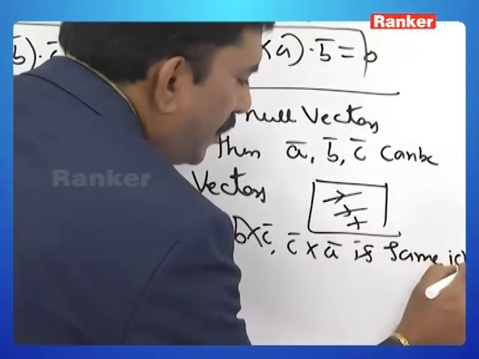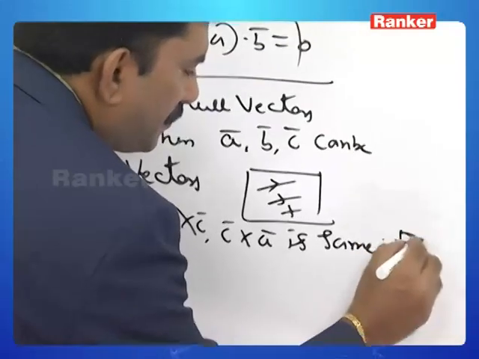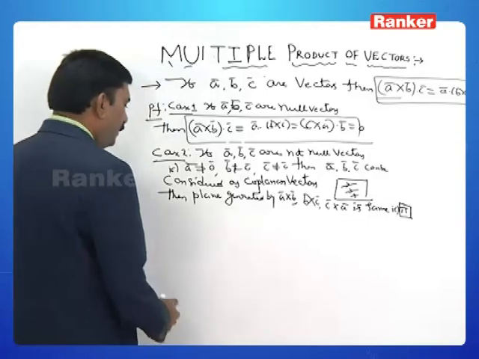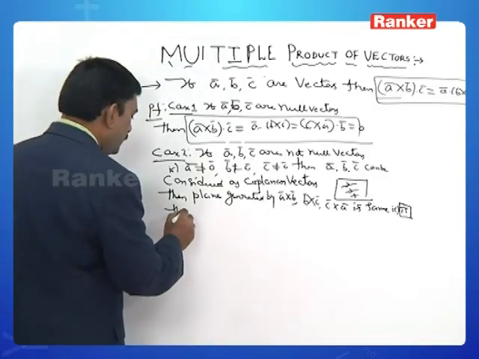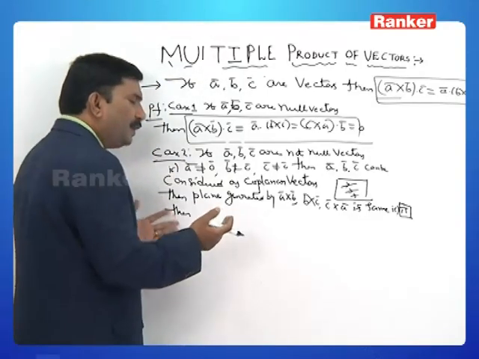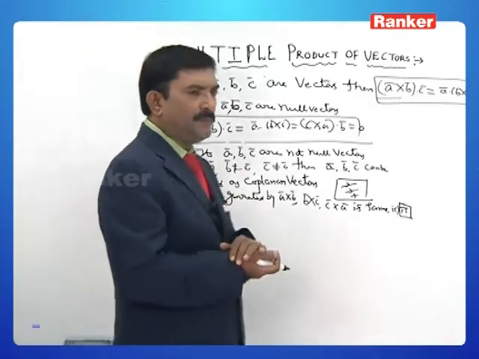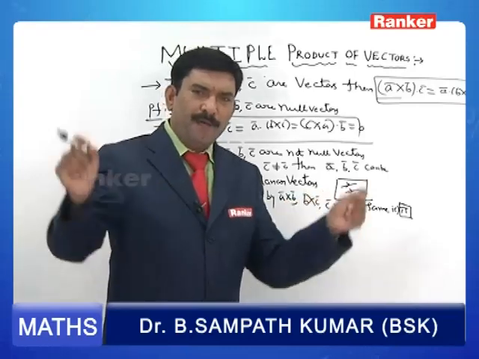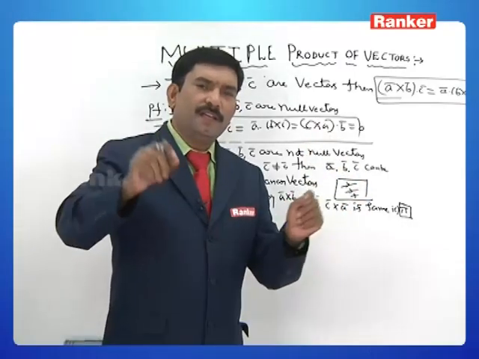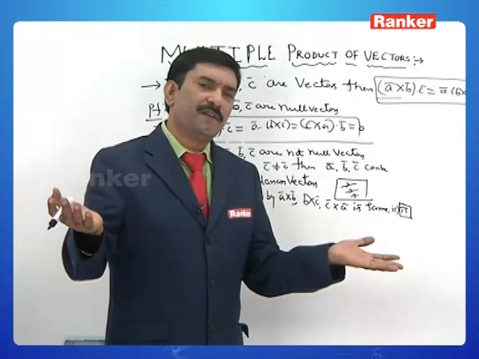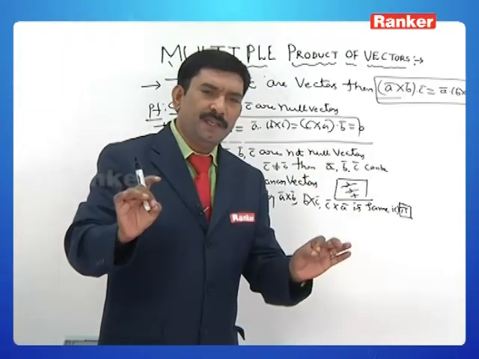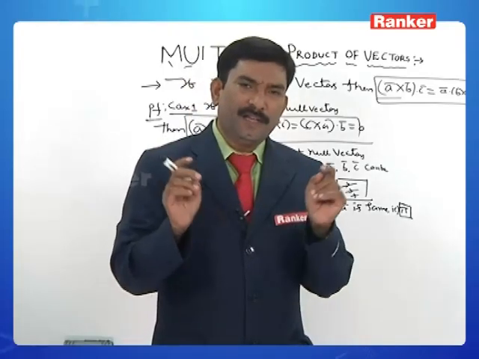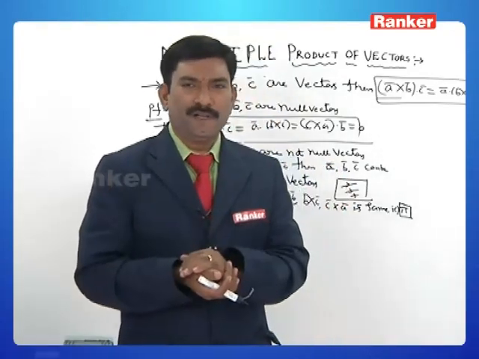Call it plane pi. Why is it the same? By definition, A cross B is a vector perpendicular to the plane containing A bar and B bar. B cross C is the vector perpendicular to the plane containing B bar and C bar.